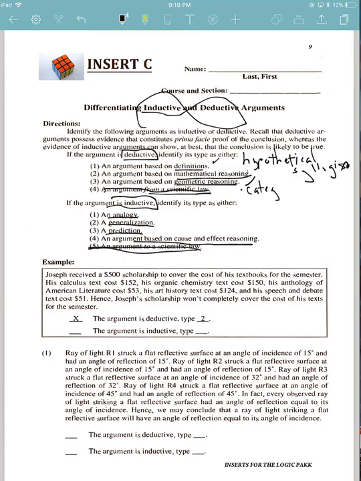Categorical is anything with all, none, some, okay? And then you really want to look at these in your book, okay? I'm just putting them down here.